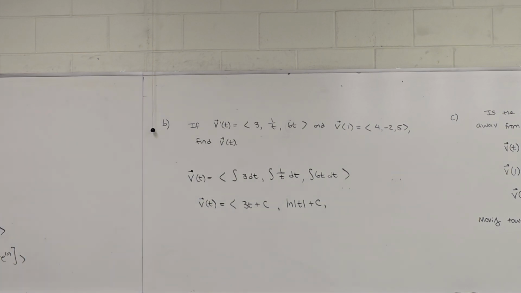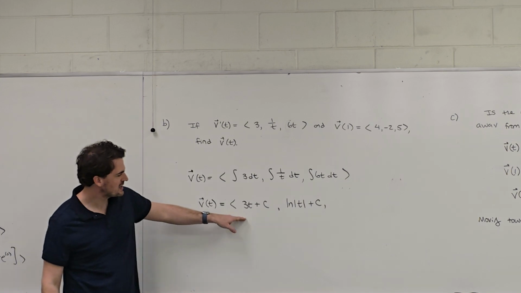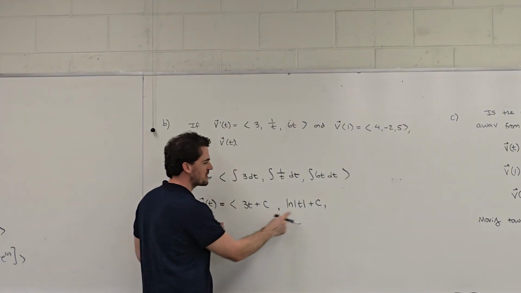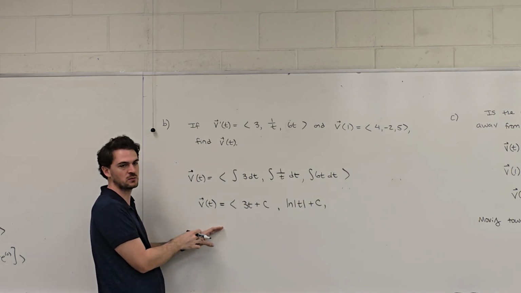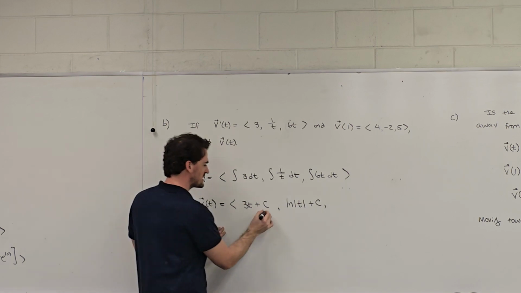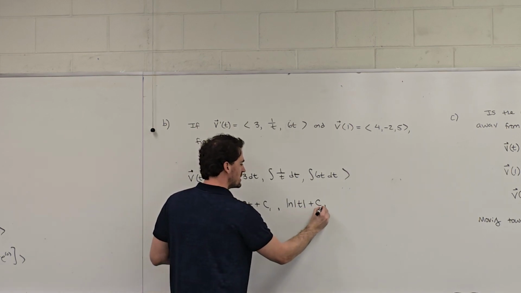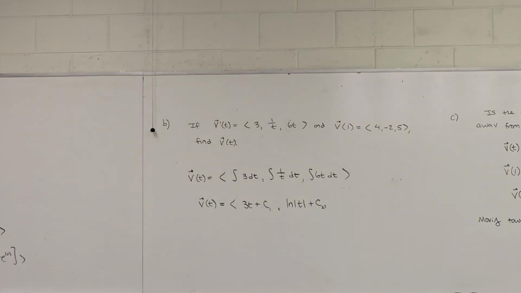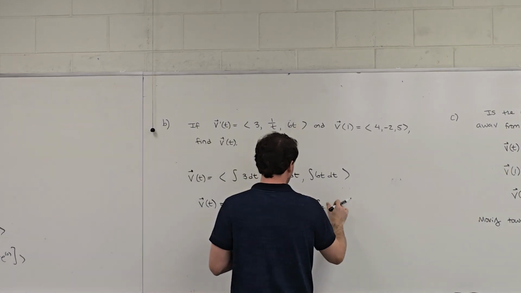plus c. Well, hang on, we need to pause there for a second. If you write plus c and plus c, it kind of suggests to the reader that these would be the same value. But they're not necessarily the same, so we can call it C1, C2. If you want to say it's plus C plus D, or plus A plus B plus C, some way of showing that these are not necessarily the same constant.